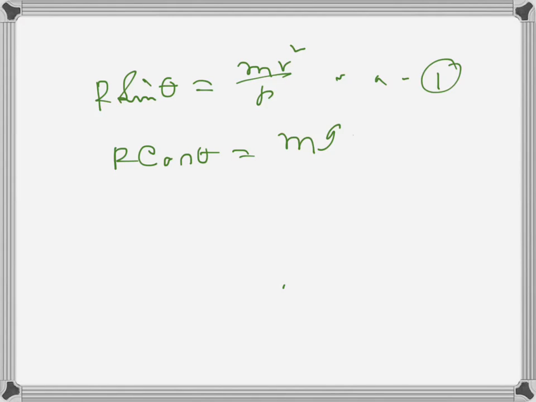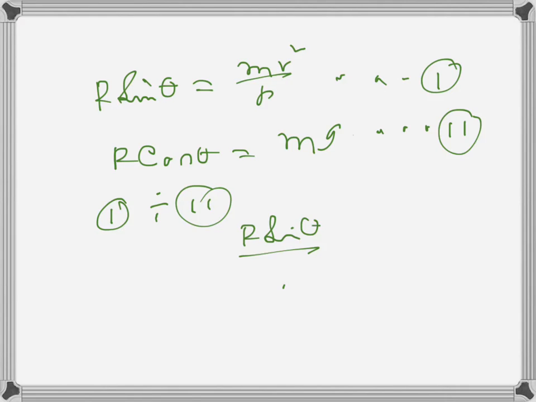So let's call this equation 1 and this equation 2. What we can do is find an equation by dividing 1 by 2. That will give us R sine theta here and R cos theta here, equals mv square over R mg.